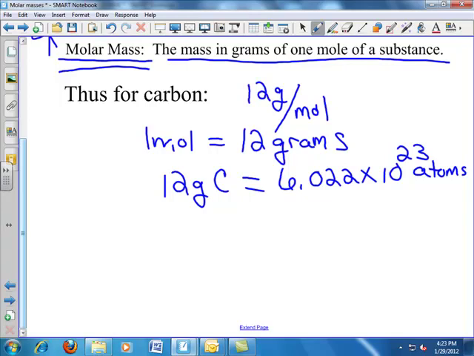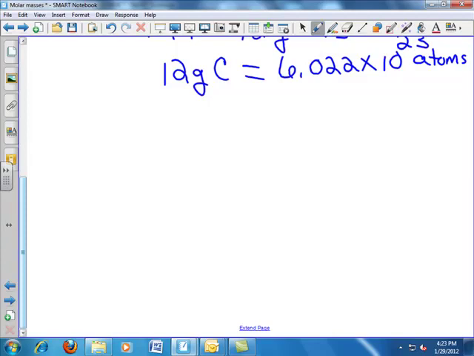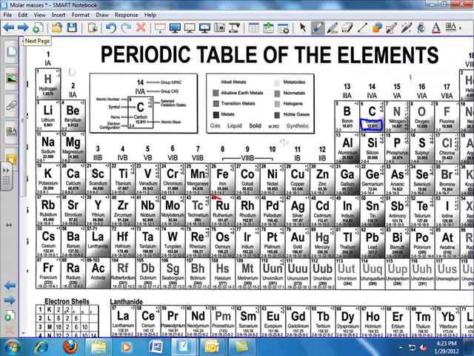And so you actually can find the molar mass of any particular element on the periodic table. If I ask you to find the molar mass of iron, iron is atomic number 26. Go ahead, and I want to see this in your notes. I want to see Fe, and I want to see the molar mass. So go ahead and write that down. What you're doing is finding iron, and this number right here, which I know you cannot read off of this VodCast because it's too small, is 55.8.